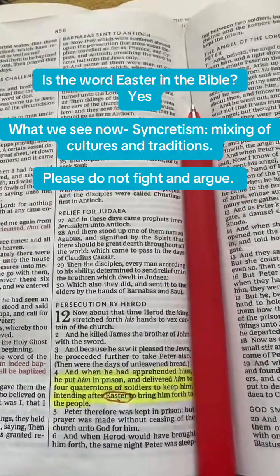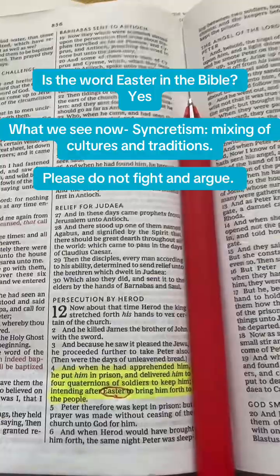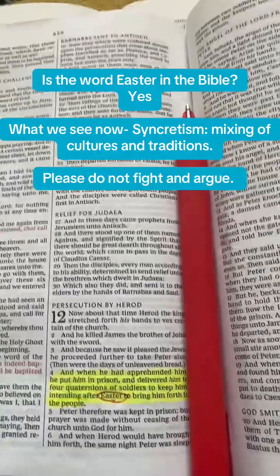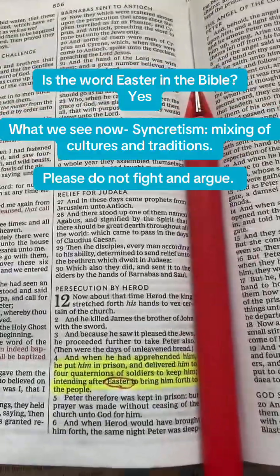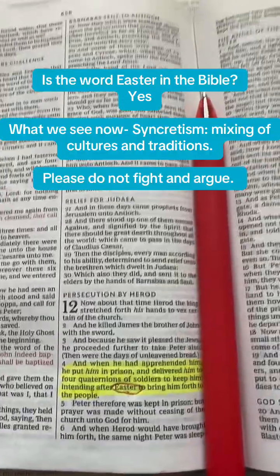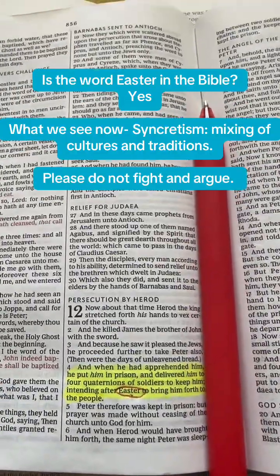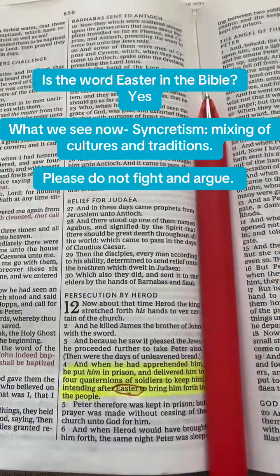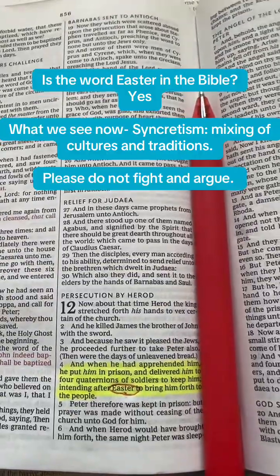Other people may be doing stuff around the time of the resurrection, but that doesn't mean it has anything to do with the Bible, and that doesn't mean it has anything to do with Jesus or God the Father. Two things can be true at once, but that doesn't mean that there's overlap or some sort of contamination happening.